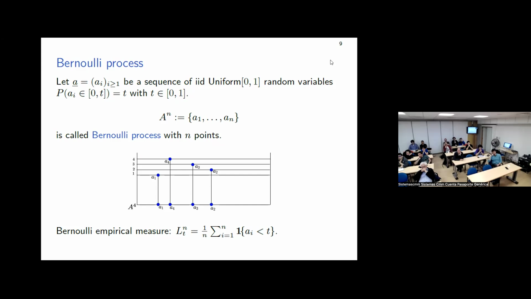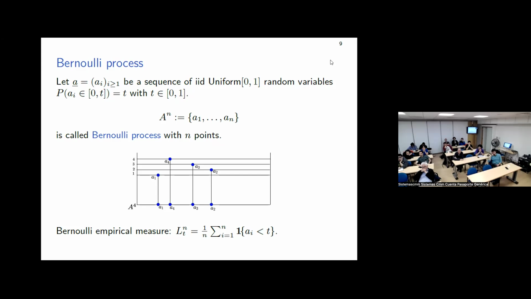For n equal to 4, you have one uniform random variable for each line, go up to 4, and then project them onto 0, 1, and you get your Bernoulli process.